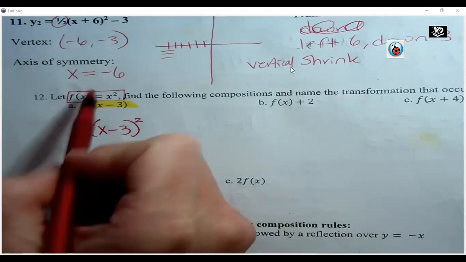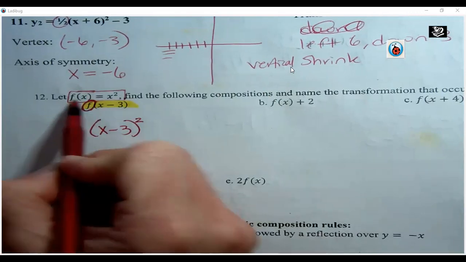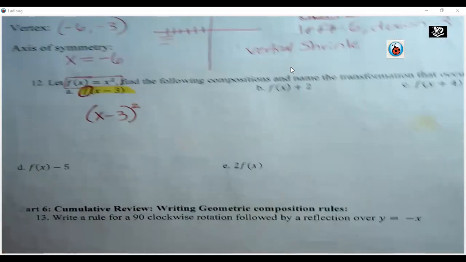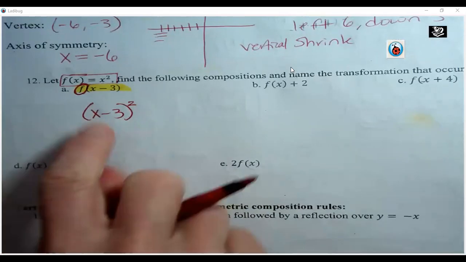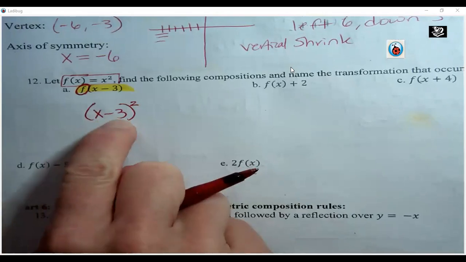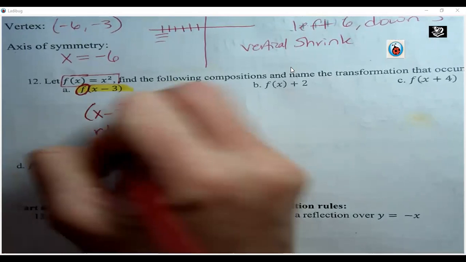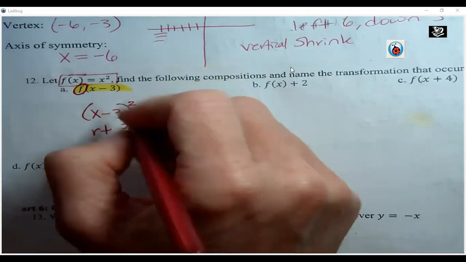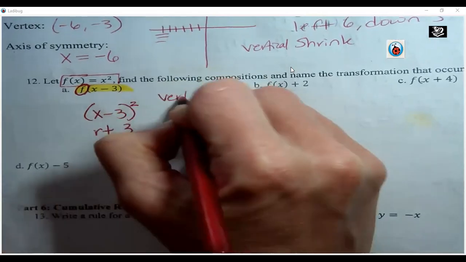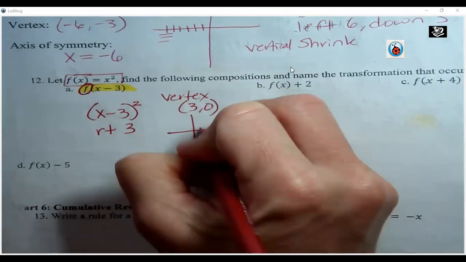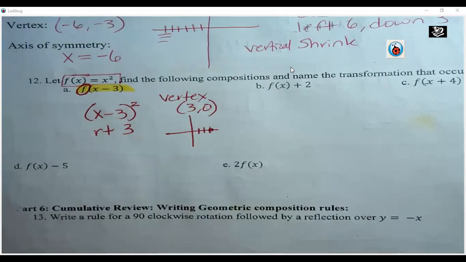The f means you're using this function that they give you, which is squared. Okay. What does the -3 do? Does it move it up, down, left, or right? Right. Good. It moves it to the right 3 because you do the opposite. Again, think about what your vertex would be. Your vertex would be 3, 0. How do I get to 3, 0? I go right 3.